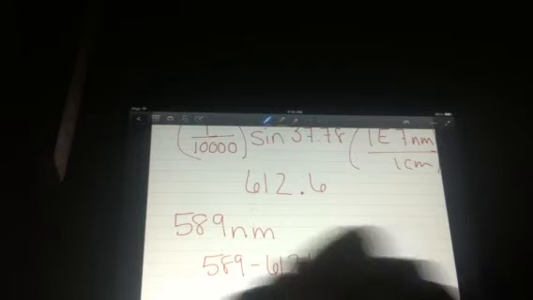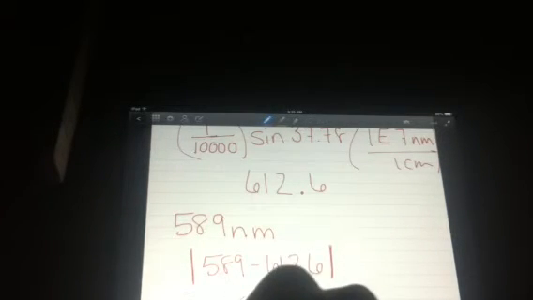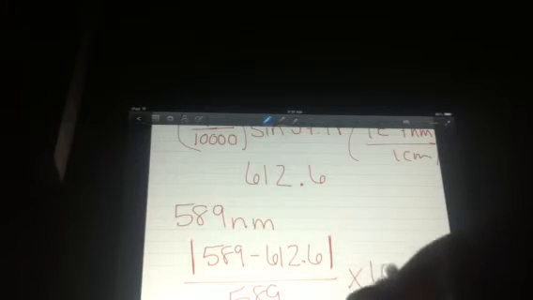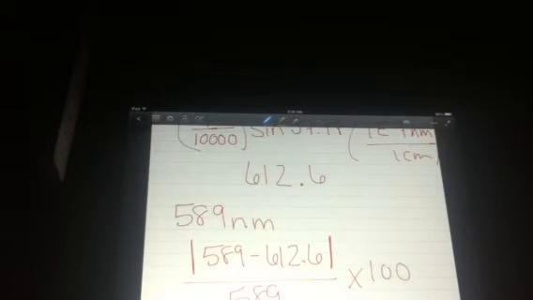Remember, that's in absolute value bars, divided by my accepted value again, times by 100, to find my percent error. You want to check to make sure that you have a reasonable range for percent error. If you're way off, guys, you need to redo it again, because it means the rest of your numbers are off for us as well.